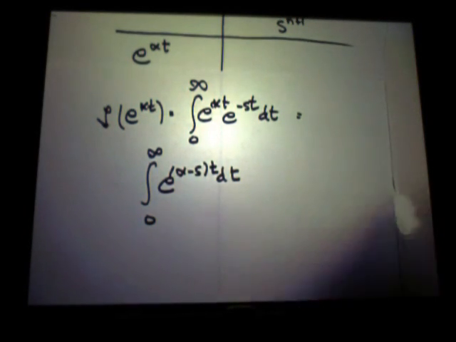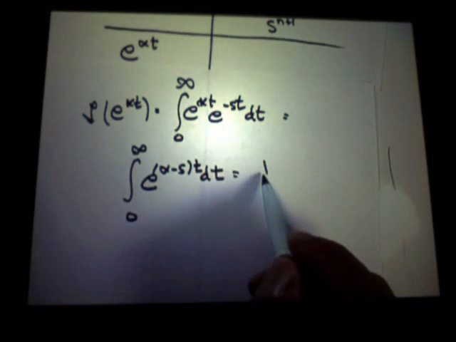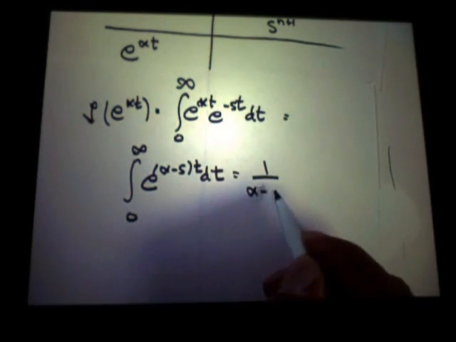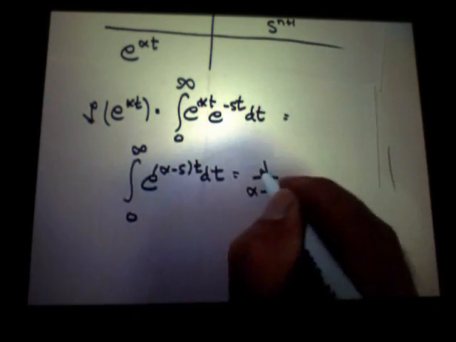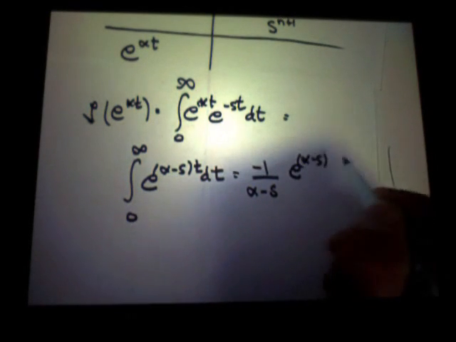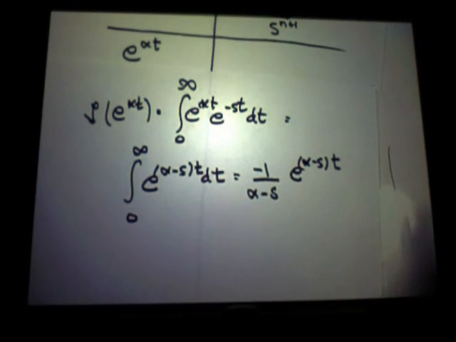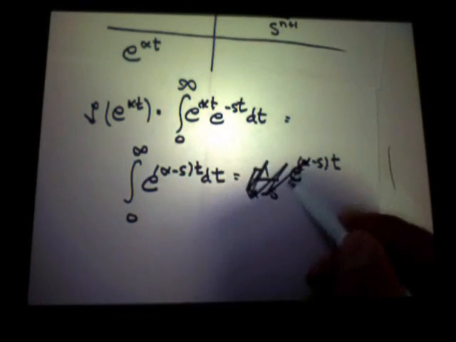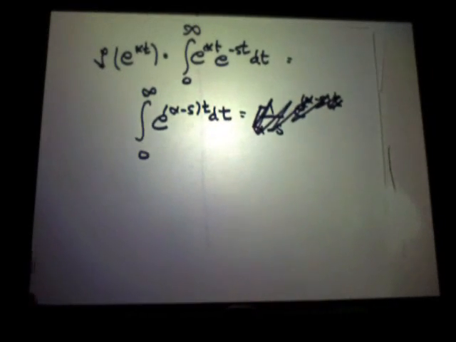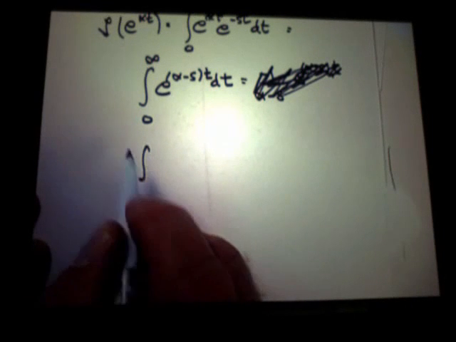Okay? And what's this integral? e to the alpha minus s times t over alpha minus s. Why is it minus? I was going to turn one of these around. Sorry. Oh, s minus alpha, yes. Okay, I'll just turn it around in the integral right now.